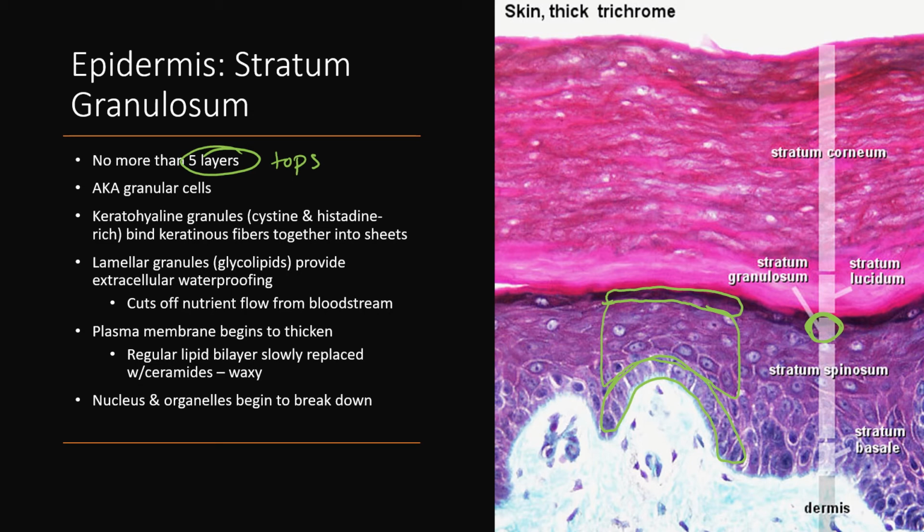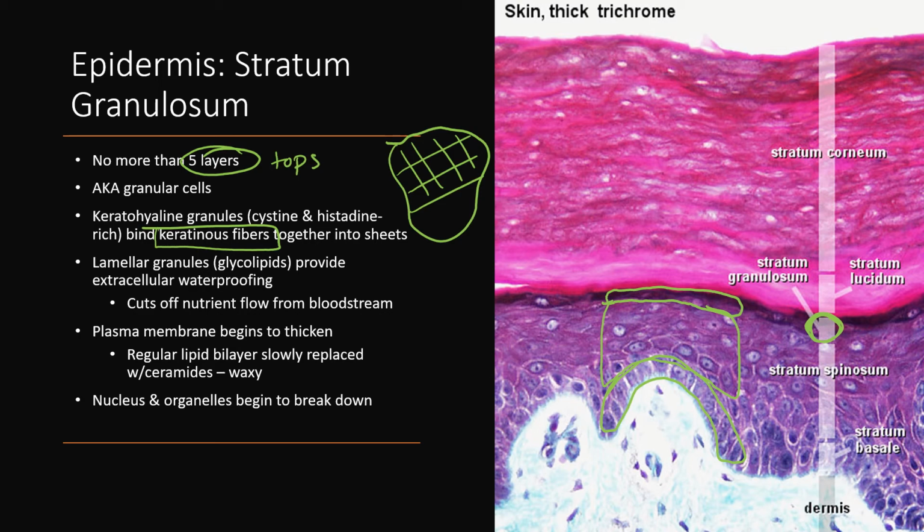The reason they're called granular cells in the stratum granulosum is because when you look at them really closely under a microscope, they're filled with lots and lots of little dots, little granules that are made of keratohyalin. This is a cysteine and histidine rich protein that binds to your keratin intermediate fibers in your cells, and forms sheets instead of strings. Before, you had your keratinocyte with a cytoskeletal architecture of keratin.